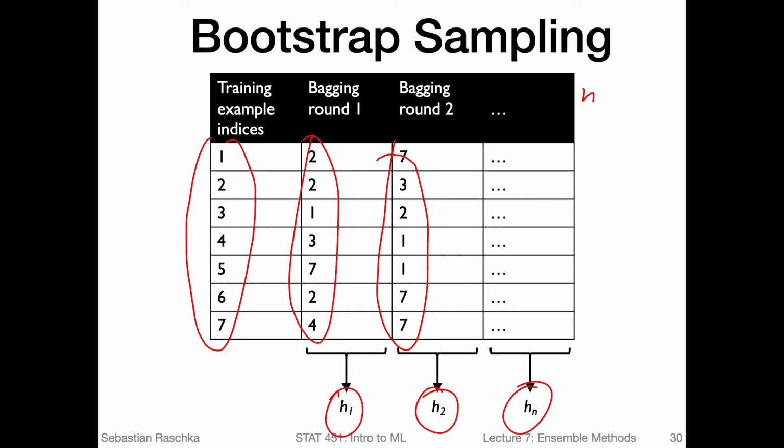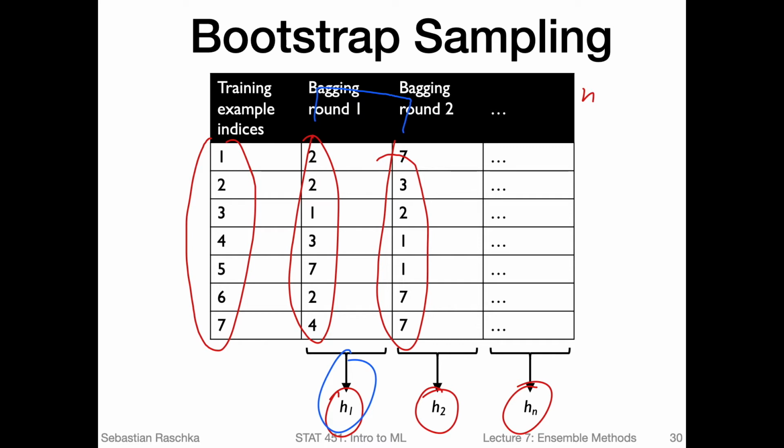And what's also very nice about this bagging is that there is no dependency between the bootstrap rounds. So what I mean is you don't have to wait for the first round to finish, until this classifier is finished with the training, for example, before starting the second round.